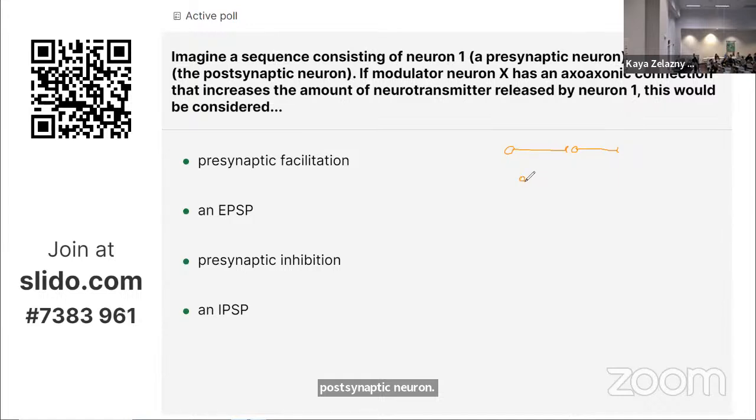So neuron X is over here with an axo-axonic connection. 1, 2, and this would be X. What word would we use if modulator neuron X increases our amount of neurotransmitter that neuron 1 is releasing?